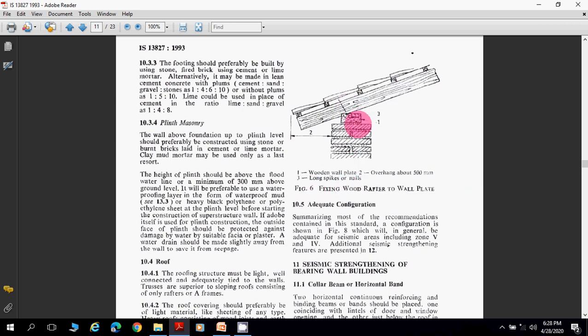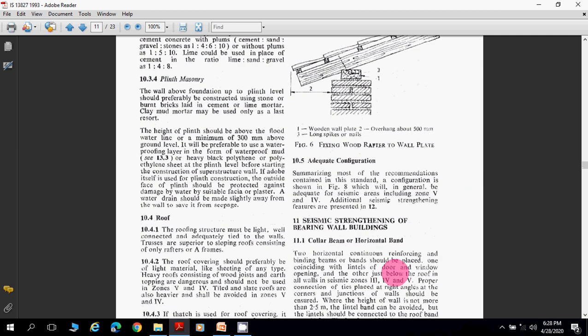So number 1 is the wooden wall plate in which the wooden rafter is to be fixed, and number 3 is the long spikes or nails by which the wooden rafter is to be fixed, and this is the overhang, about 500 mm, to be kept for preventing the walls from rains.